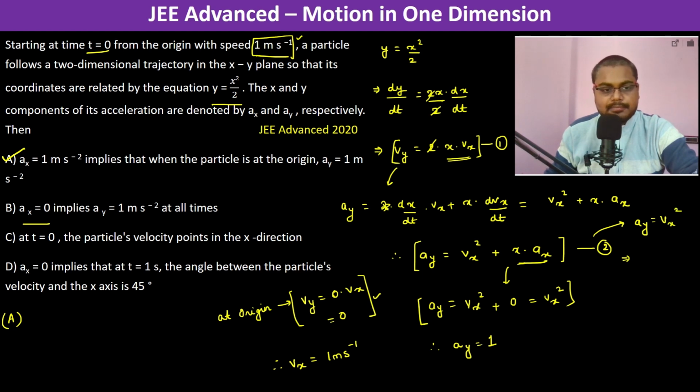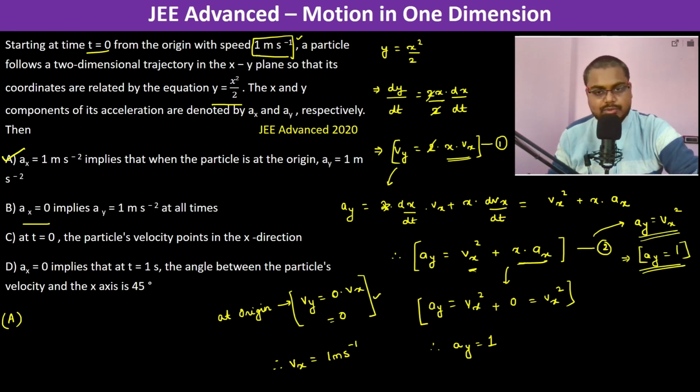Now vx whole square, so ay actually becomes 1, but here it is given ay equals vx square at all times.